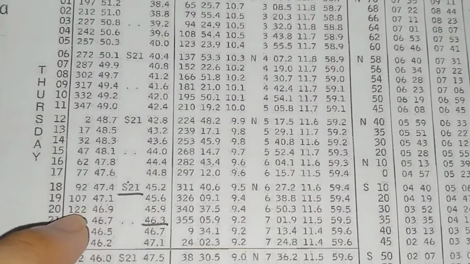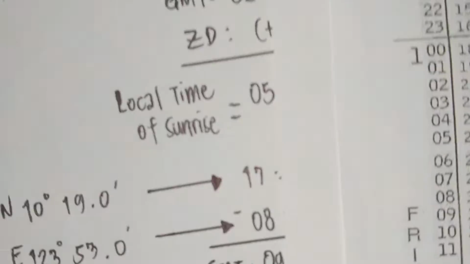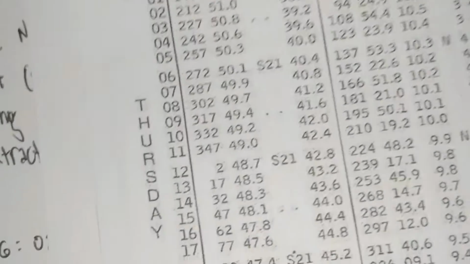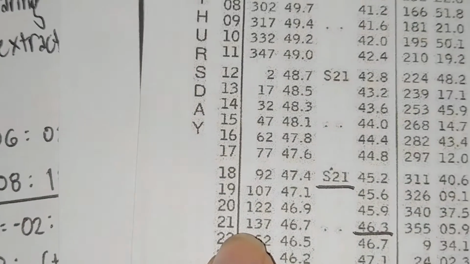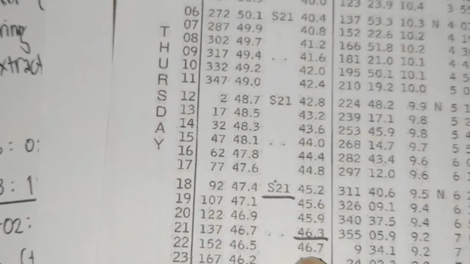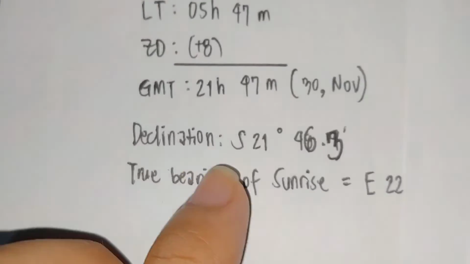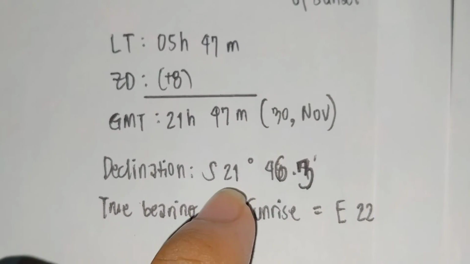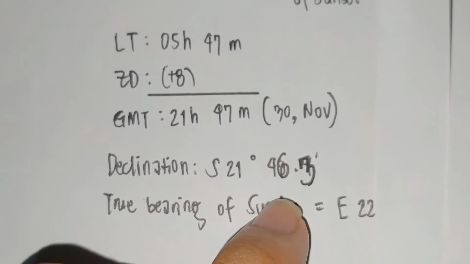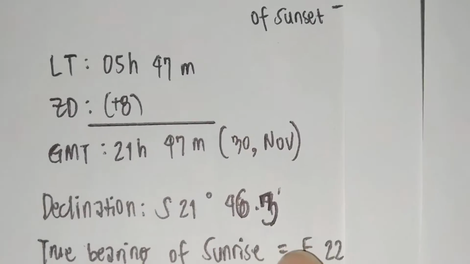Since it is 21 hours, we need to find 21 hours and align it to S or south 21 degrees, and align it to the 21 hours. So it's 46.3. That would be our declination: 21 degrees south and 46.3 minutes, or S 21 degrees and 46.3 minutes.